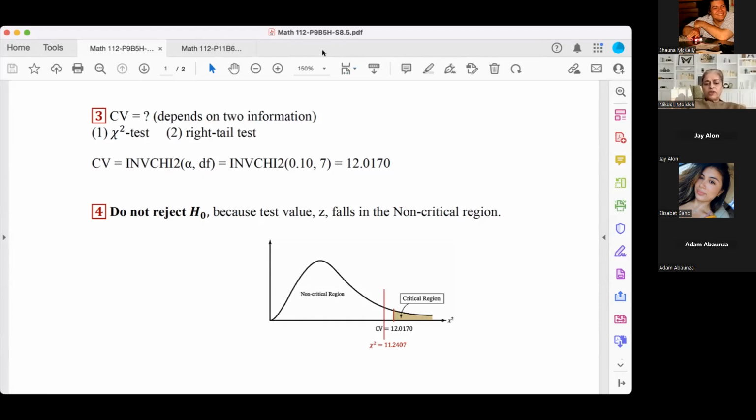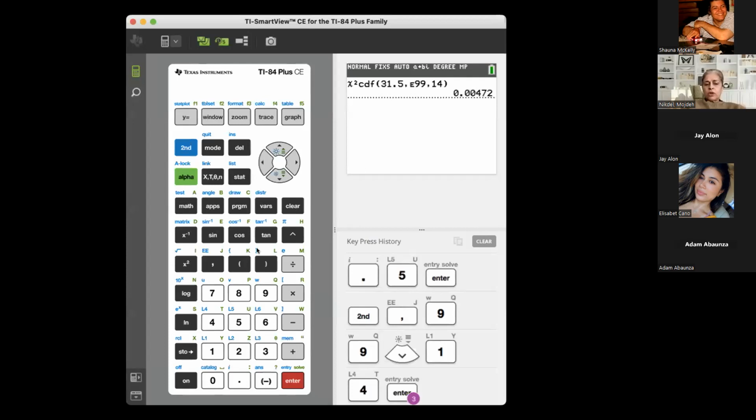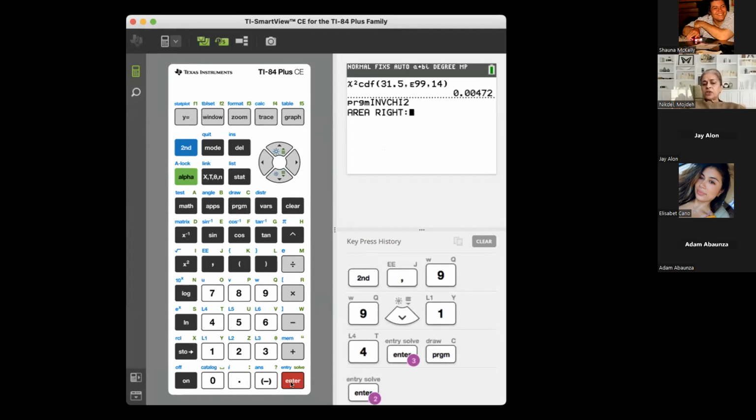Okay, let me stop sharing and share my calculator. I click the program and find inverse chi-square. You have to be on execute, pick inverse chi-square, press enter. Then it says program inverse chi-square, press enter again. Then it says right tail, 0.10.